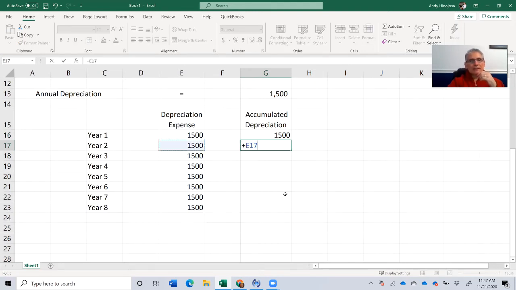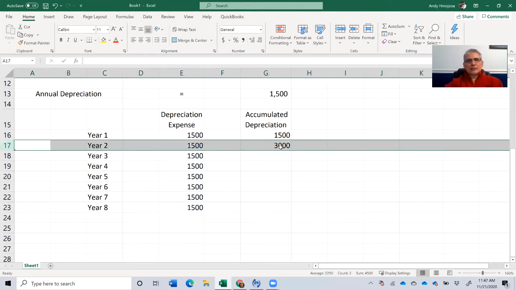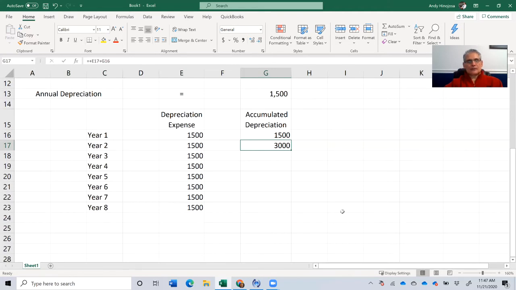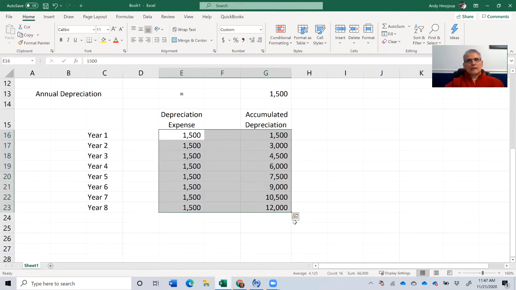The second year, we're going to take the second year depreciation and add it to the previous year, which was $1,500. So after year 2, the accumulated depreciation is $3,000. After year 3, your accumulated depreciation is $4,500, and you can see we're just adding $1,500 every year, all the way till the very end, and when we get to the 8th year, the accumulated depreciation will be $12,000. That's what we're trying to depreciate.